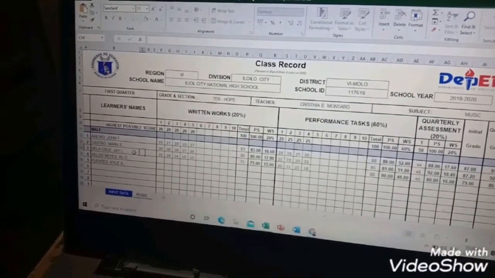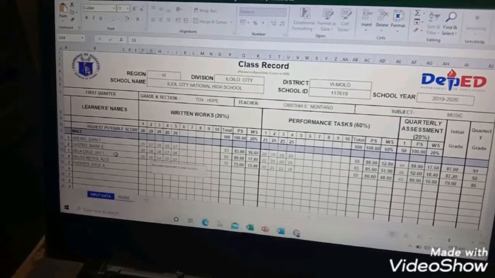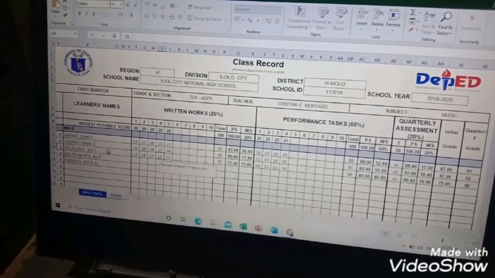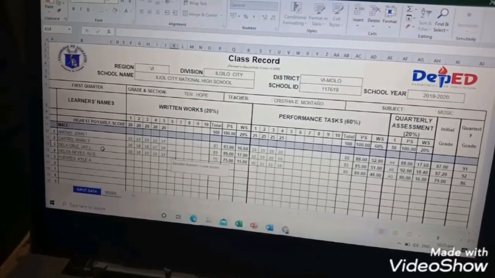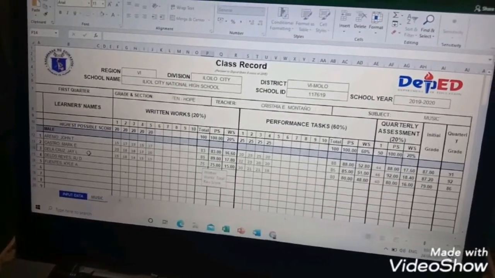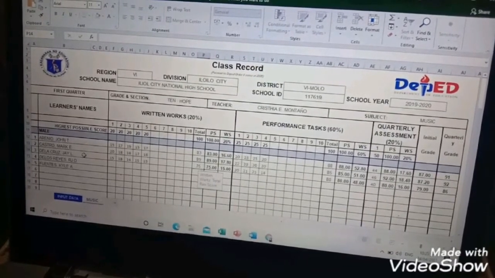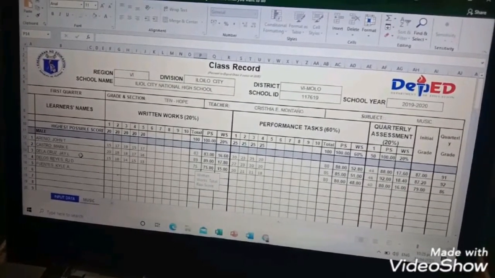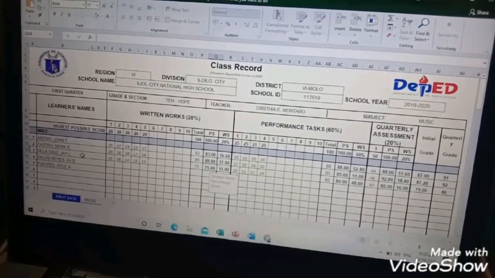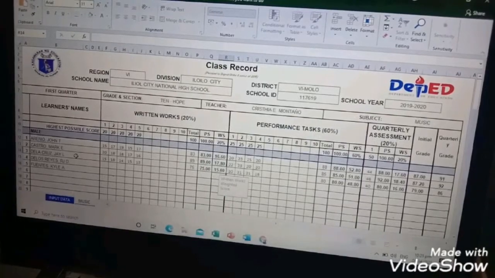For the third student, in written works, he got 15, second 18, third 14, fourth 15, and fifth 13, with a total of 75 out of 100. 75 divided by 100 equals 0.75, multiplied by 100 equals 75.00, and multiplied by 0.20 equals 15.